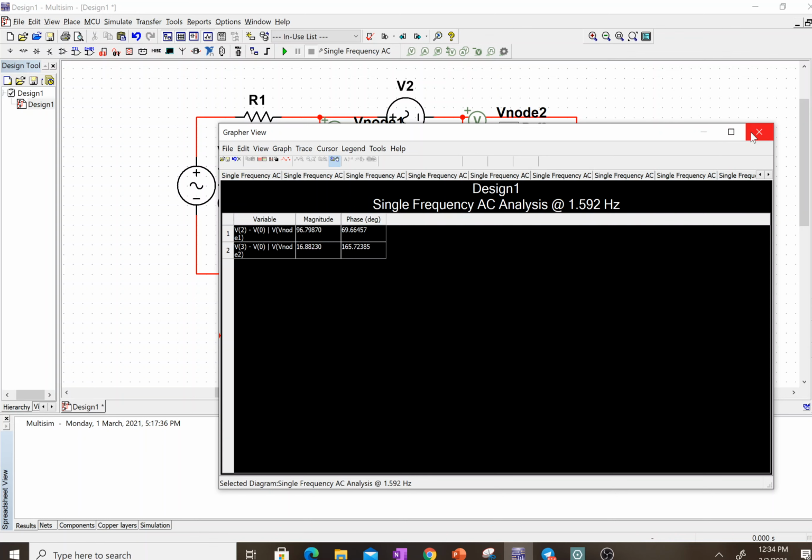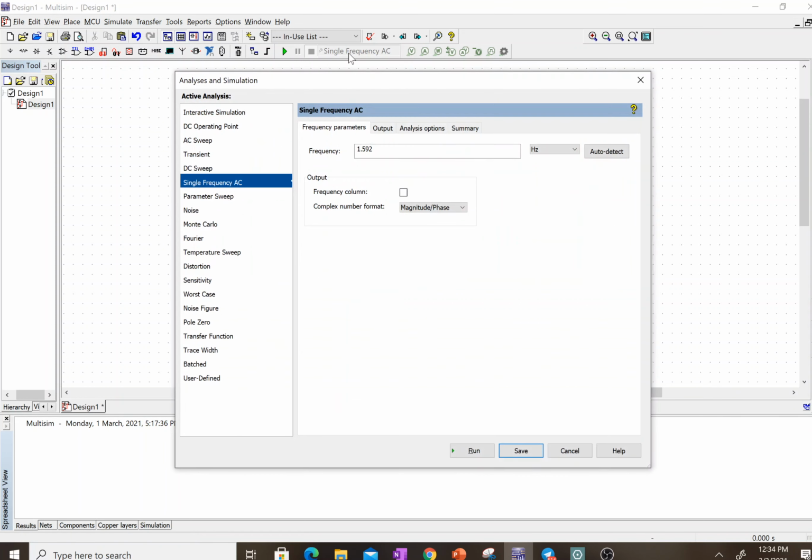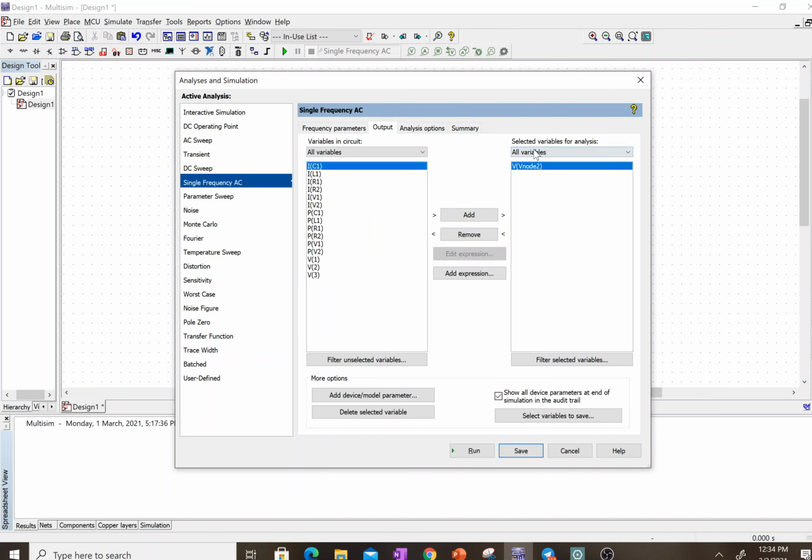Let's say, for example, you need to measure the current at this capacitor and the voltage across this capacitor. You can select the output here.